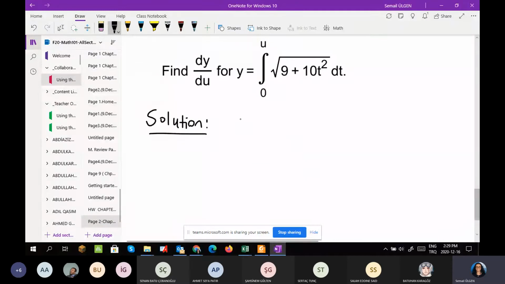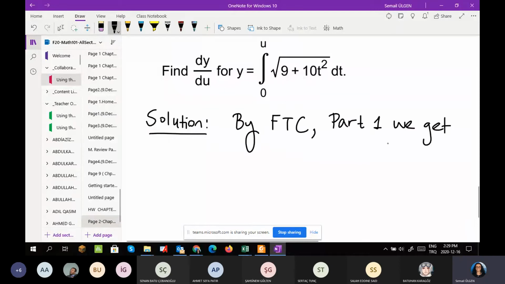This is related to, by fundamental theorem of calculus part 1, we get, I'm going to give you the answer, but I want to show you more. dy/du is going to be equal to, so we have this f here, right?